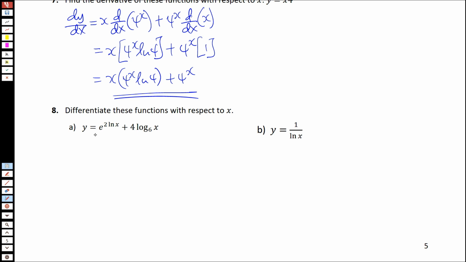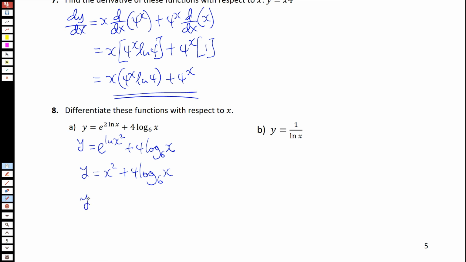And basically, this can be written as y is equal to e to power ln x squared, if you bring 2 in front here using laws of logarithms, plus 4 log to the base 6 of x. Now, e to the power ln x squared is same as x squared using exponential rule. So this is same as y is equal to x squared plus 4 log to the base 6 of x.